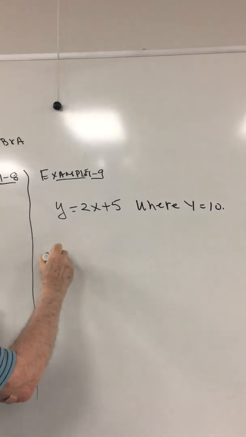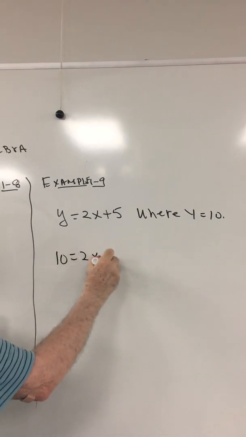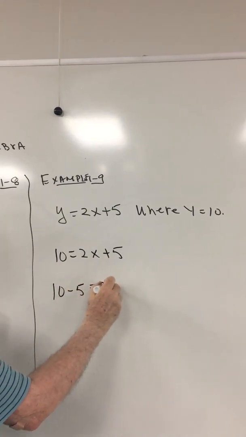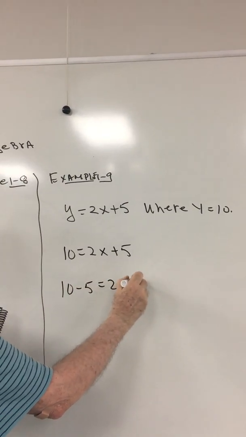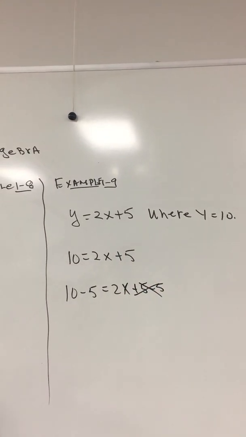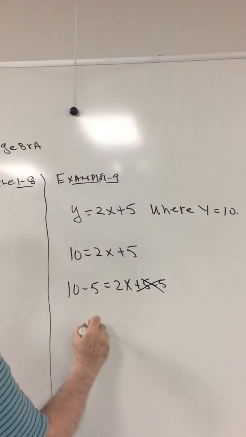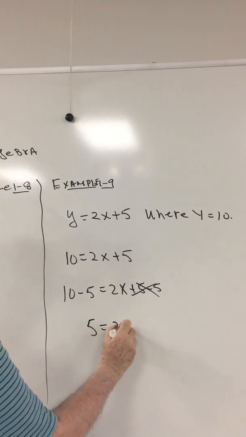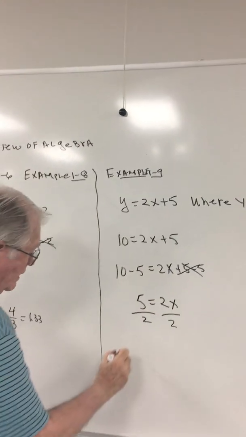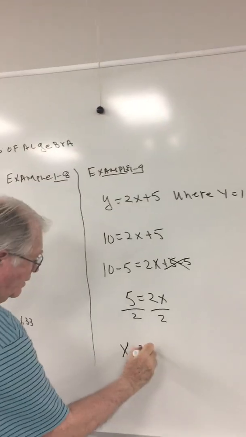So now we have 10 equals 2x plus 5. You subtract 5 from each side. 5 minus 5 is 0. 10 minus 5 is 5. If we divide both sides by 2, x is equal to 2.5.